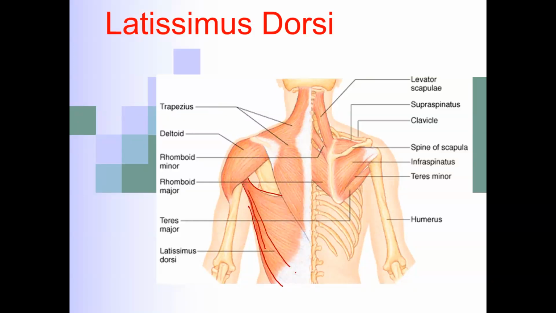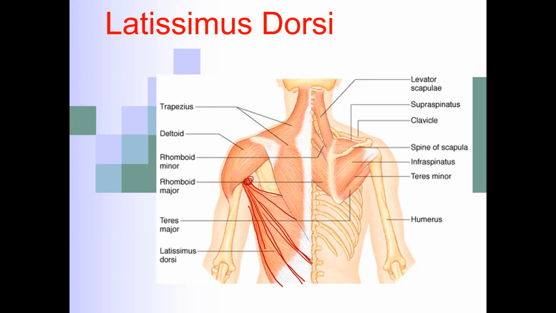And if you notice once again, we have multiple muscle fibers converging at a single point. But notice where this point is going now. It's going towards the shoulder, right? And so its insertion is in the shoulder. The origin is once again running along the spine. This point here is the lower back part of the spine, right?